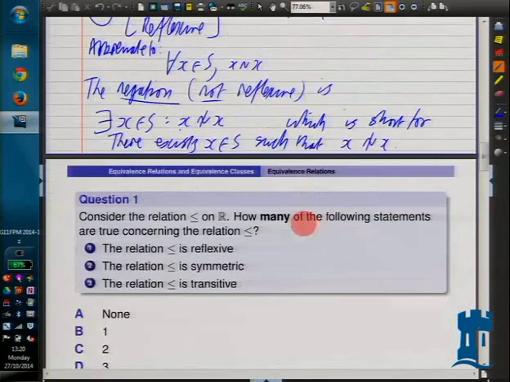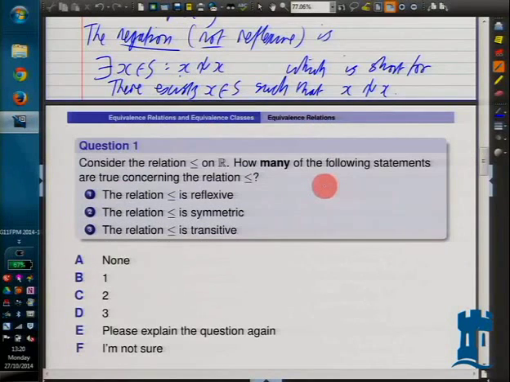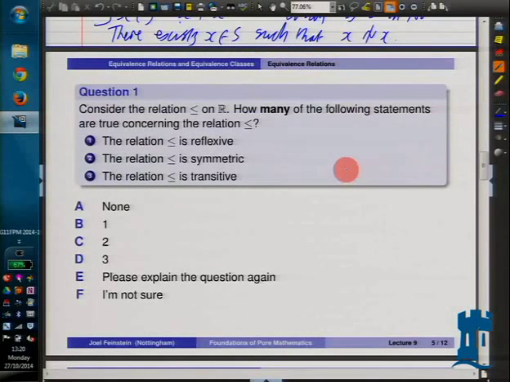Right, let's get back to the first question. Go back and have a look at what we meant by reflexive, symmetric, and transitive. You have to think about the less than or equal relation on R and try to decide how many of these are true.